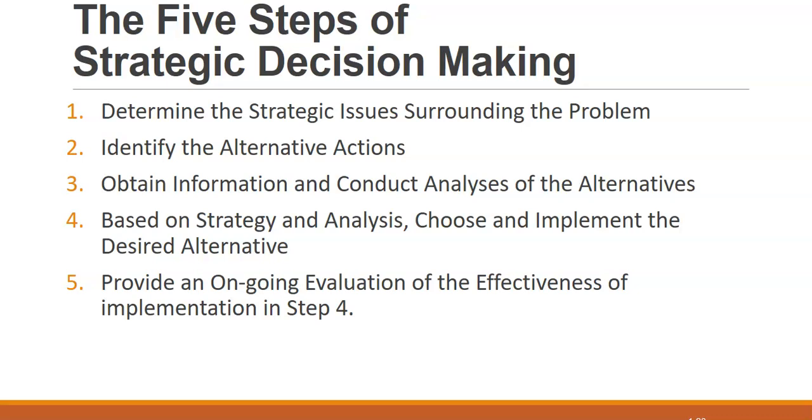Maybe the effectiveness of that wasn't great, and so we need to go back and look at our information and our analysis and our alternatives and choose another alternative. Maybe we need to scrap everything we had before and come up with new ideas. As I said, we're going to see these 5 steps of strategic decision making in every chapter.